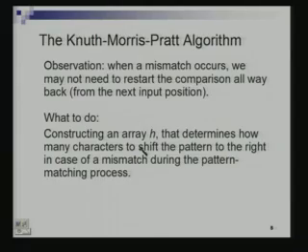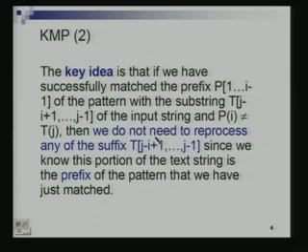And we are going to construct an array H that's going to determine how many characters to shift the pattern to the right in case there is a mismatch. So we are going to store this information in an array which we will call H, and we will see what this array H should be. Okay. So what's the key idea now?